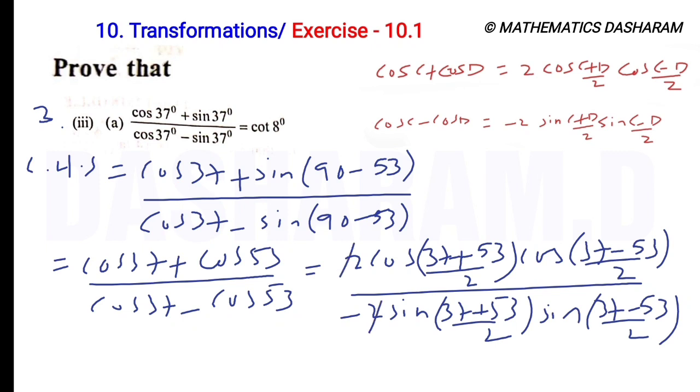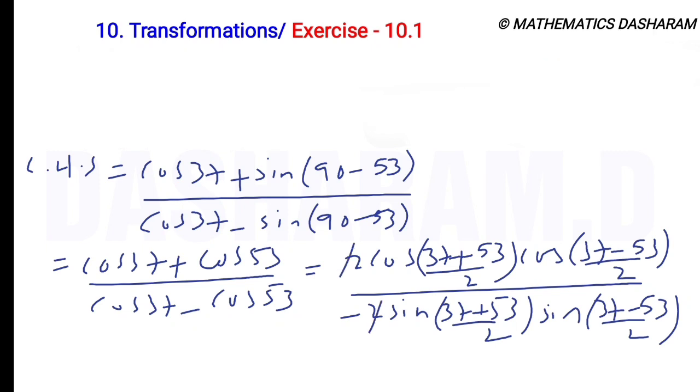So here 2 cancel. So it is equal to cos of 37 plus 53, 90 by 2.